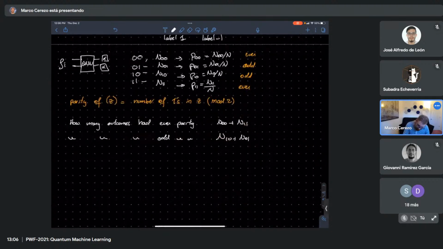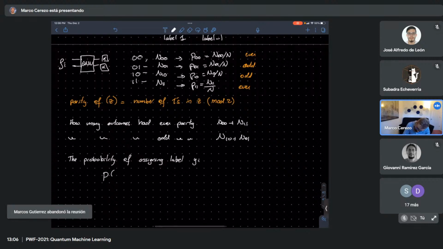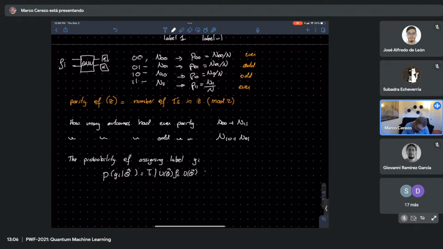So, for instance, using the previous framework, we can now say the probability of assigning label yi, which I'm going to denote as p of yi given theta, is going to be the trace of u of theta rho i u of theta dagger. And I'm going to measure again here one operator O_yi that depends on the label.